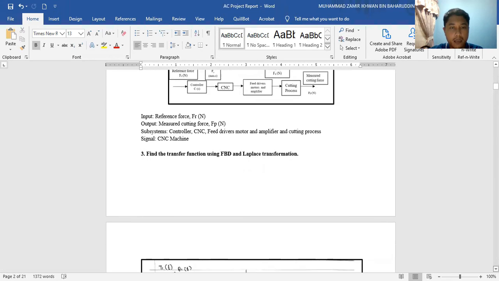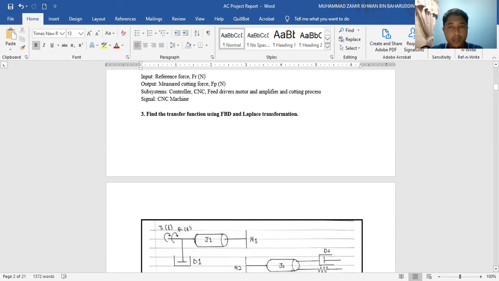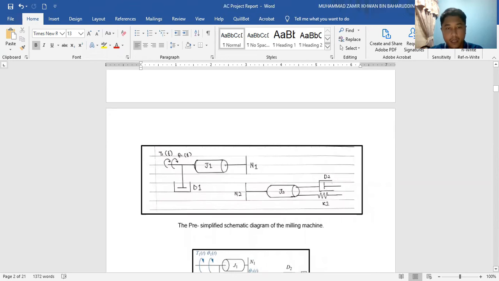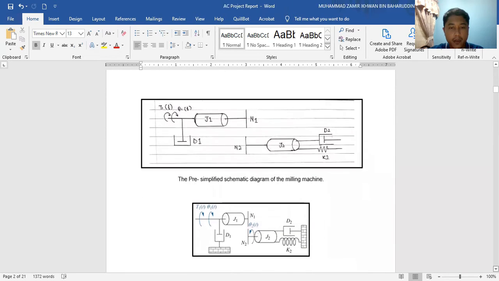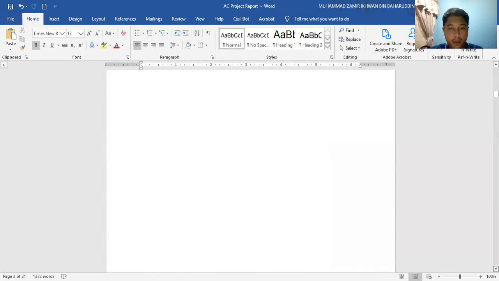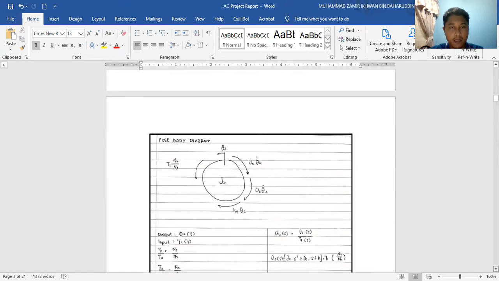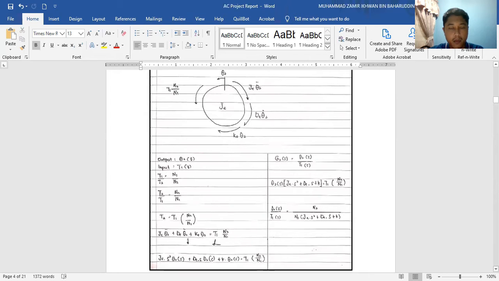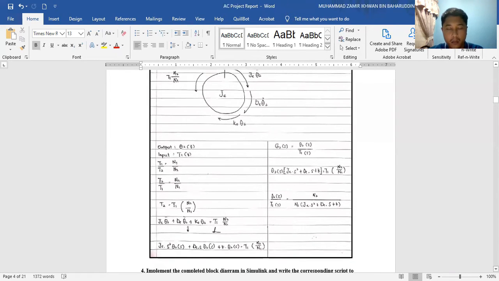Next is the transfer function and the Laplace transformation. This figure shows the pre-simplified schematic diagram of the milling machine. This is the free body diagram for the block diagram, and here is the Laplace calculation.